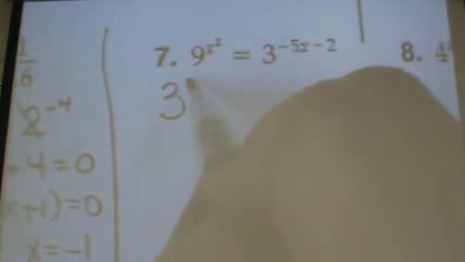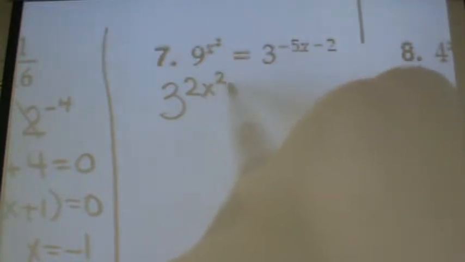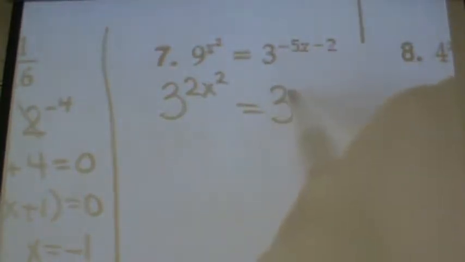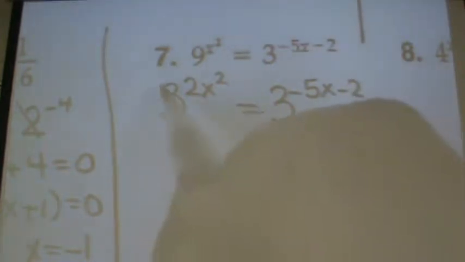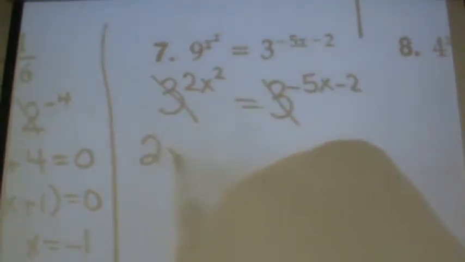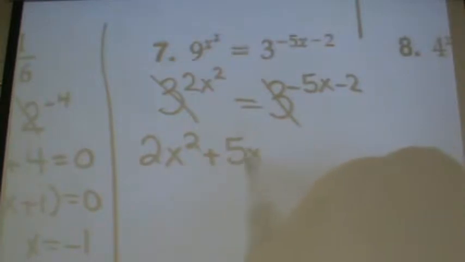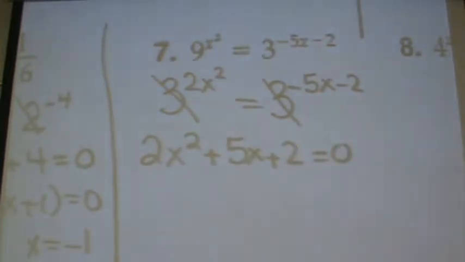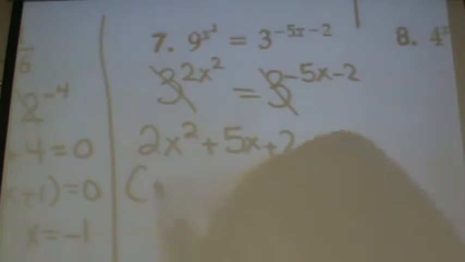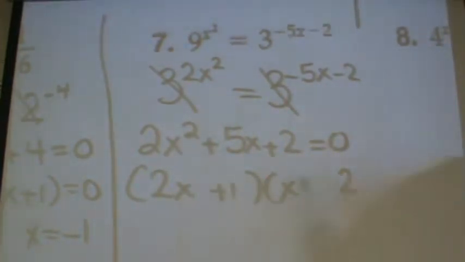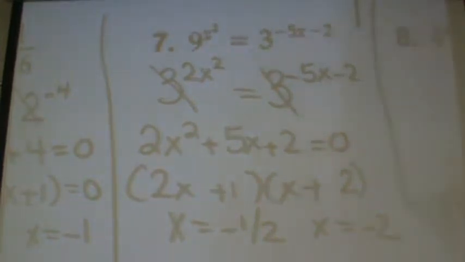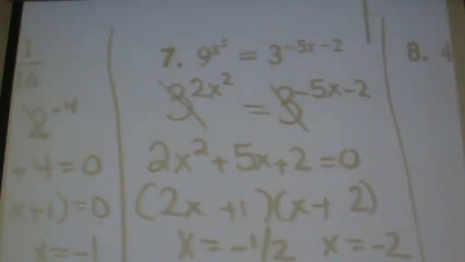2x squared. It's going to be 3 and then 2x squared equals 3 to the negative 5x minus 2. The 3's cancel. 2x squared plus 5x plus 2. What's your answers? Negative 2 and negative 1/2. Mm-hmm. And the last one.